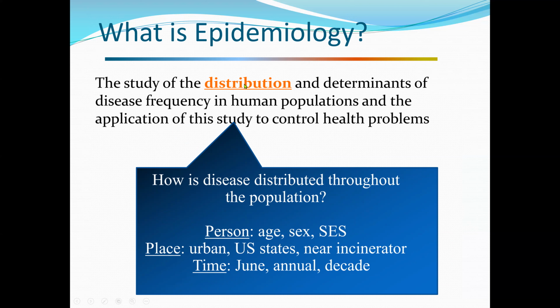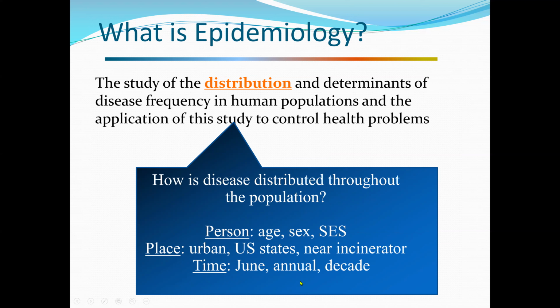In the definition, the distribution is how the disease is distributed throughout the population. Is it based on person, for example age, sex, or socioeconomic status? SES stands for socioeconomic status. Or if it's a place, is it a city, an urban area within the US states, or near an incinerator?